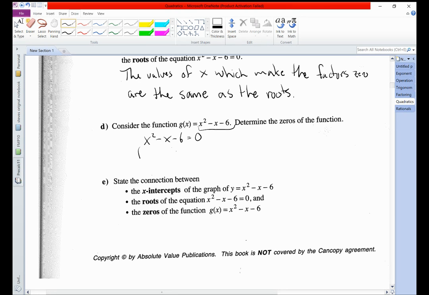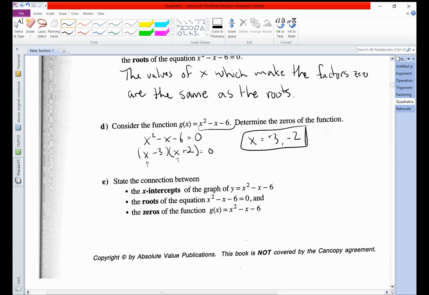And this is going to look very similar to what we just did at the top, right? We already solved this equation to be x minus 3 times x plus 2. And then the zeros are going to be the values of x that make this equation 0. And we know that already is going to be plus 3 and minus 2.